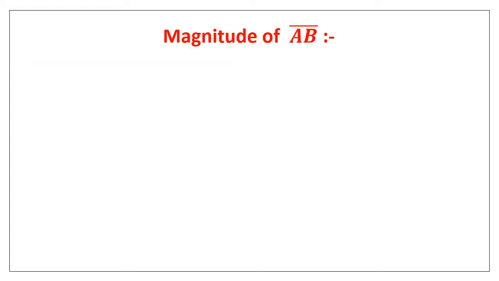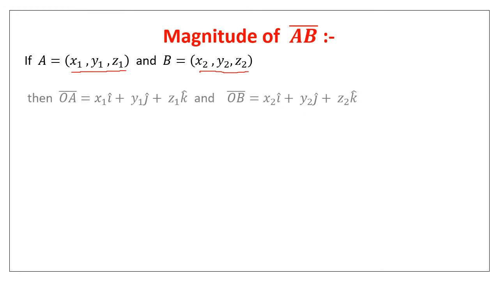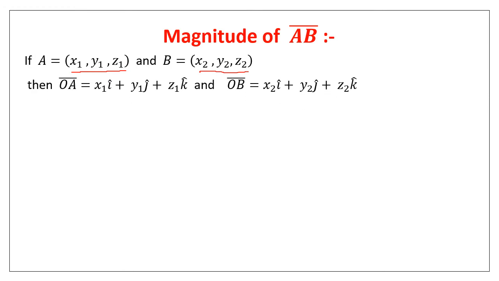Magnitude of AB bar. We know student, magnitude is nothing but length of that vector. If A having ordered triplet x1, y1, z1 and B having ordered triplet x2, y2, z2 be the points, then OA bar equals x1 I cap plus y1 j cap plus z1 k cap and OB bar equals x2 I cap plus y2 j cap plus z2 k cap.